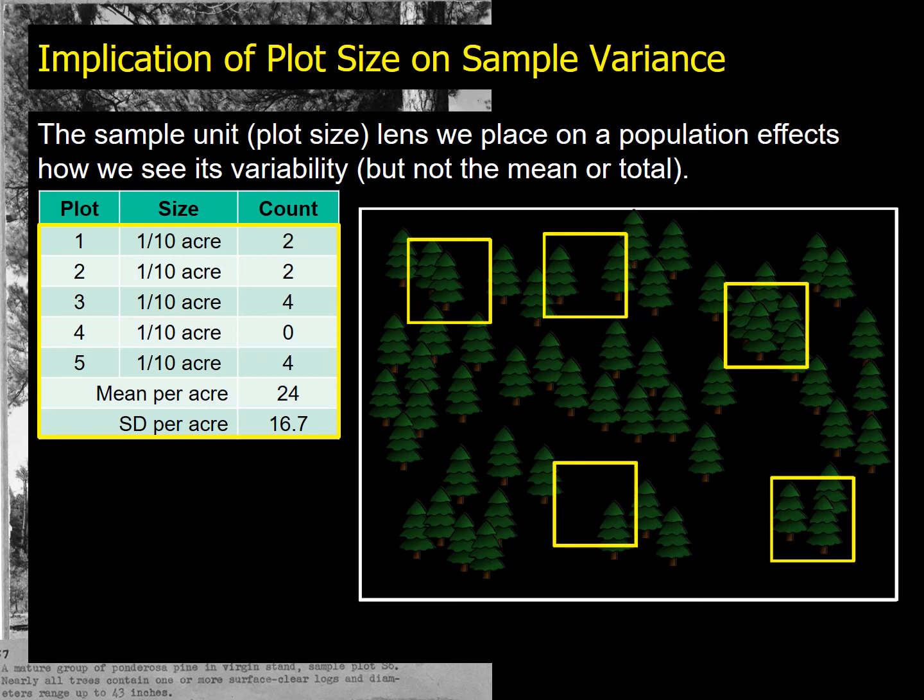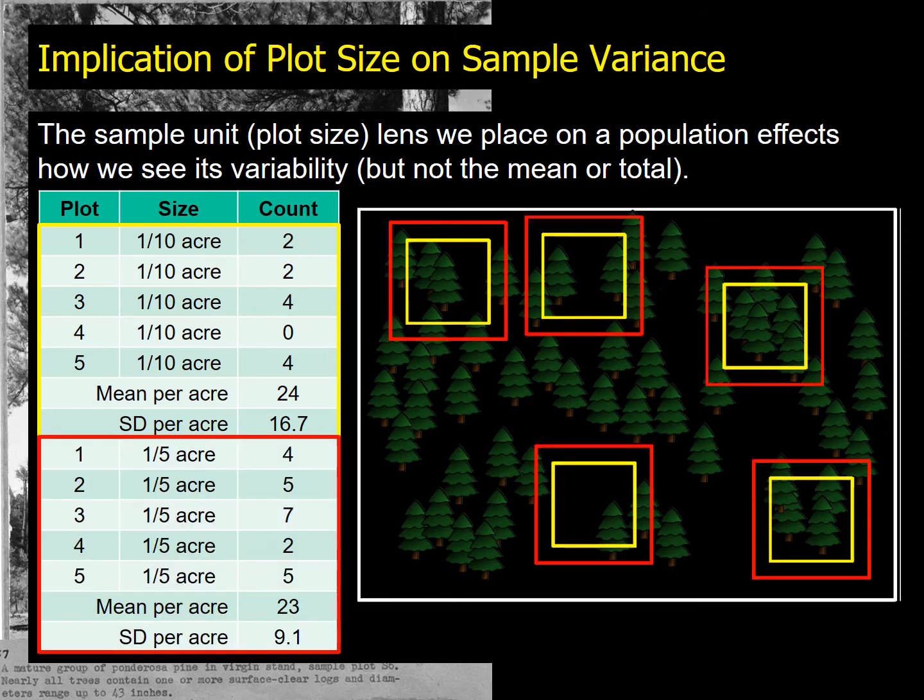But what would happen if we sampled the same population at the same locations with a larger plot size? If we look at the plots now using 5 1/5 acre plots, we now have samples of 4, 5, 7, 2, and 5 respectively, giving us a mean of 23 trees per acre and a standard deviation of 9.1 trees per acre.